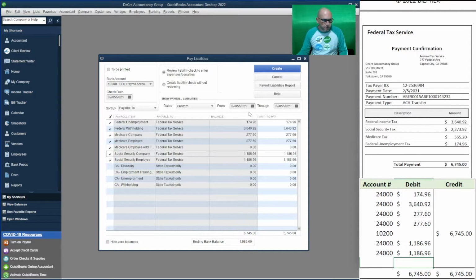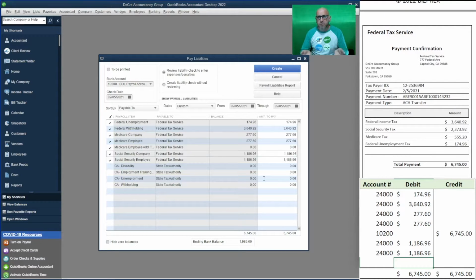Again, each one of these amounts right here is a debit to account 24,000 payroll liabilities. We're reducing payroll liabilities, right? When we ran payroll, 24,000 went up because we credited it at that time. Liabilities are increased when credited. Now that we're paying it, because we had liability from the employer taxes that we incurred as an employer, and also we withheld some money from employees' paychecks, and we have to submit that money to the government.